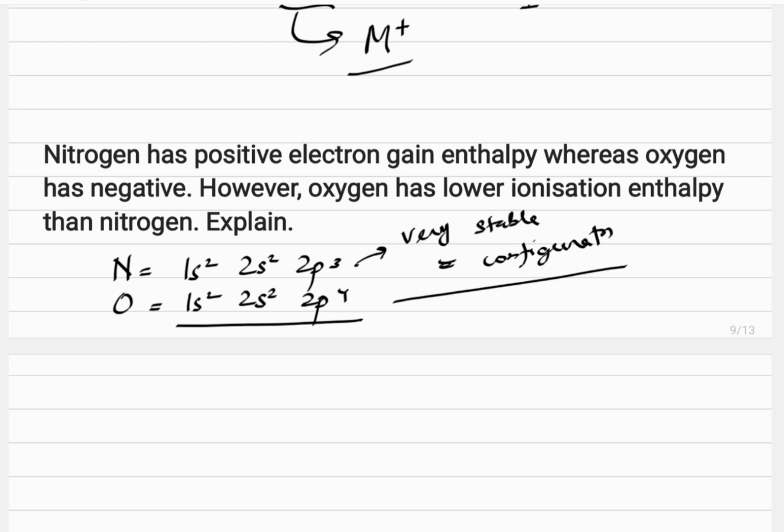Now this configuration is very stable. That means nitrogen is neither willing to lose an electron or gain an electron. That's why it has a higher ionization energy than oxygen, and also its electron gain enthalpy would be less negative or more positive. So nitrogen also has a positive electron gain enthalpy.